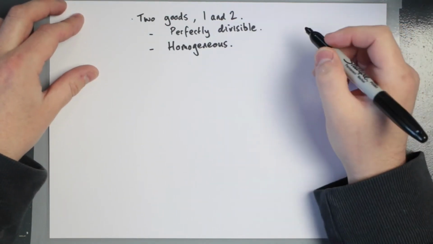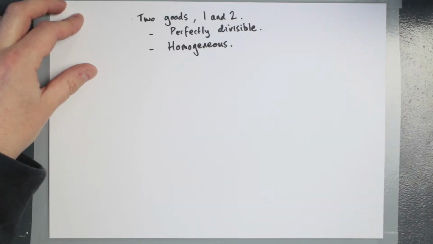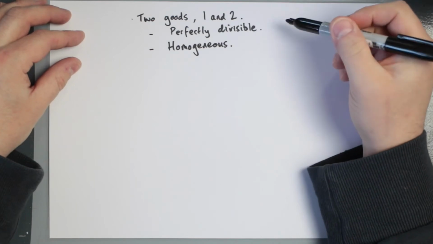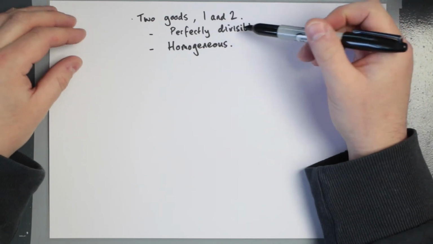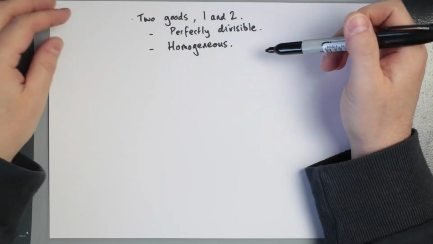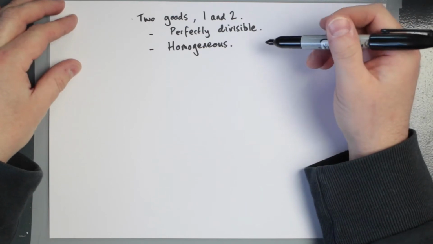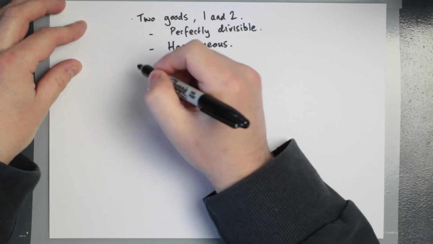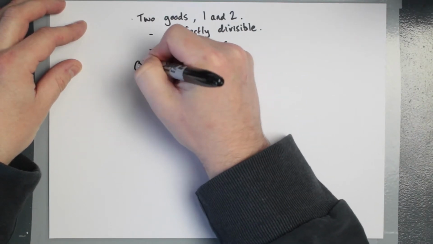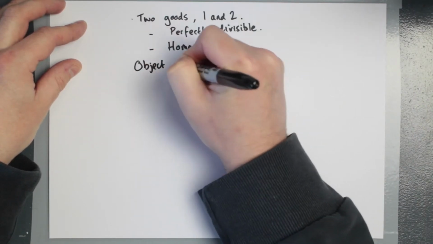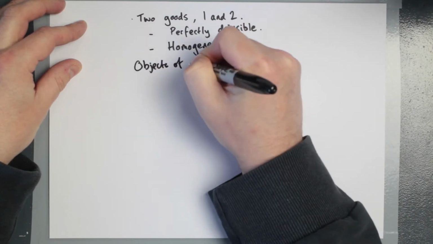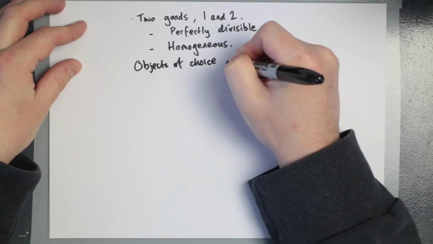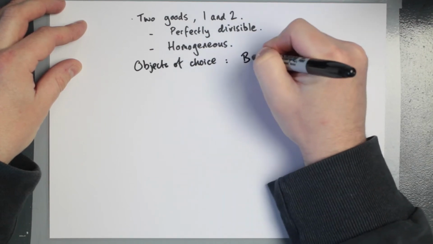But it's going to allow us to do the following thing. It's going to allow us to think that essentially we'll be able to consume these two goods in any number and any unit of these two goods are the same. Okay. Now, the consumer, what are they going to choose? So the objects of choice are what we call bundles.